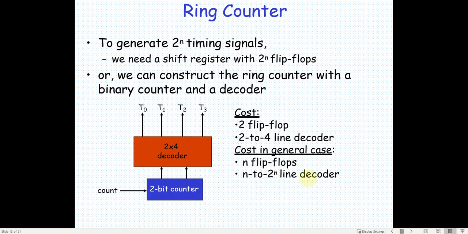Okay, so now you have to generate. You have a 2-bit counter, right? If you give this 2-bit counter to a 2 to 4 decoder, what happens? It will generate 4 signals here.